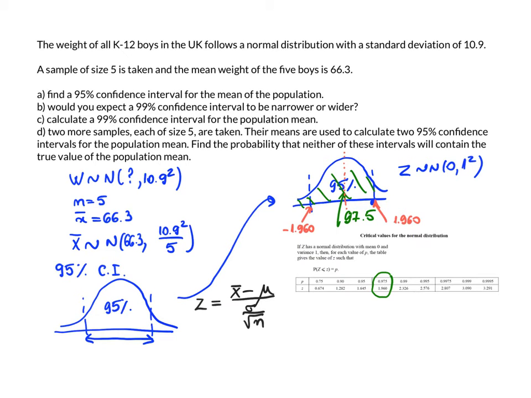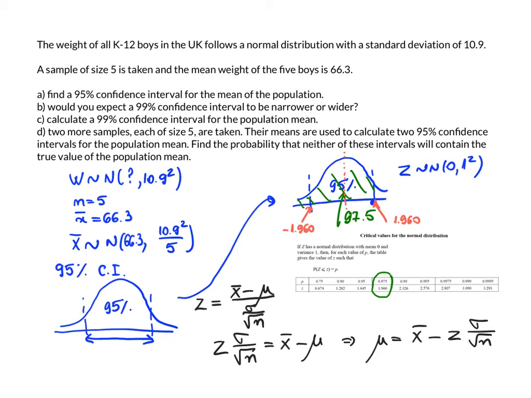So algebra tells me that z times sigma over square root of n equals x bar minus mu. So mu is x bar minus z sigma over square root of n.